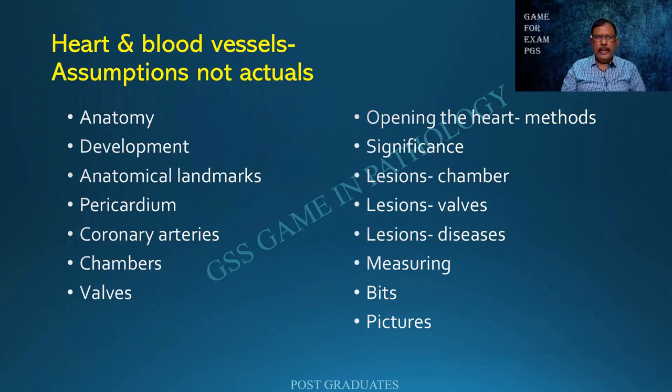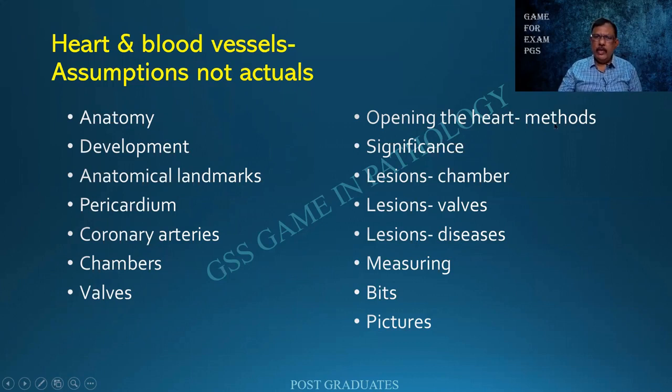In today's topic, there shall be various highlights that we shall visit. These are assumptions and not actuals. You are free to realign them in your own way and reword them. We shall be talking about the anatomy, the development, the anatomical landmarks, and the various parts of the heart, including the pericardium, coronary arteries, chambers, and the valves.